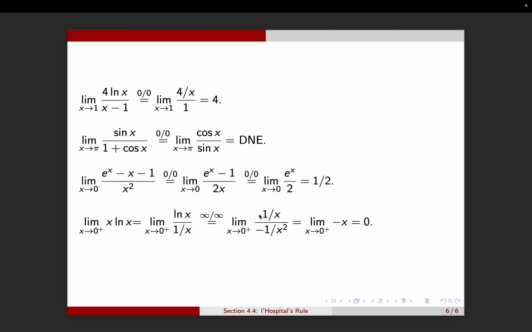And then as long as you're willing to simplify this fraction, like you're in algebra 2 or something, you can pretty quickly get an answer of 0. So that's how L'Hopital's rule works. It lets you take a fractional limit, and as long as it has kind of a mysterious form that we couldn't handle back in chapter 2, you can take the derivative of top and bottom and hopefully get an easier, manageable limit.